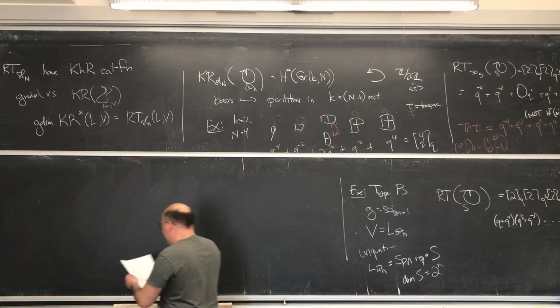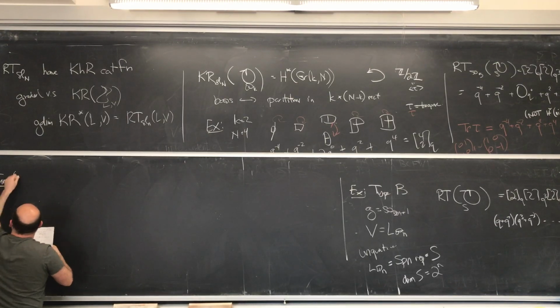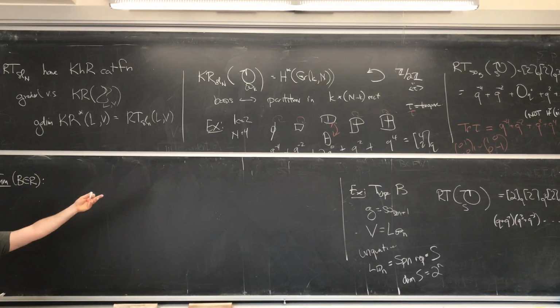So here's a theorem. You're not going to get a vector space. You're going to get a polynomial in q.